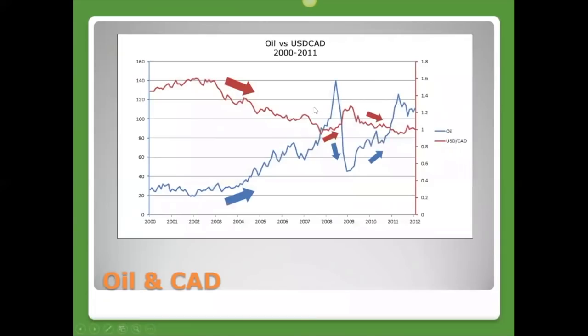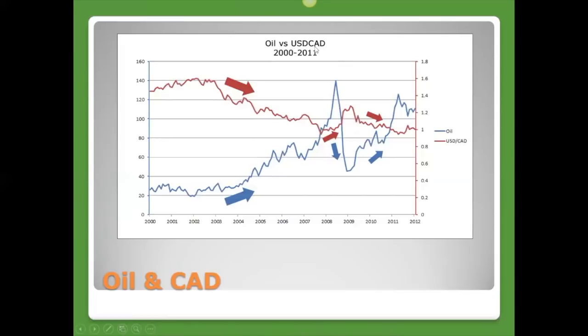Now, if we take a look at this chart, this is a chart of oil versus Canadian dollar, an old chart from 2000 to 2011. We see that there are times when this relationship can be broken, but generally there is a positive correlation between oil and Canadian dollar, which means it is an inverse relationship between oil and dollar CAD.